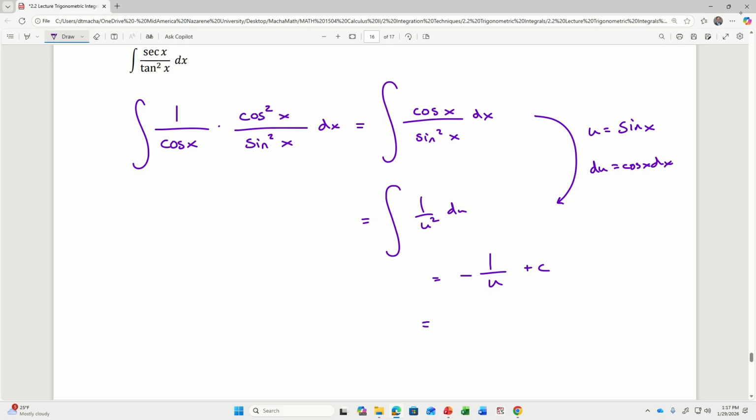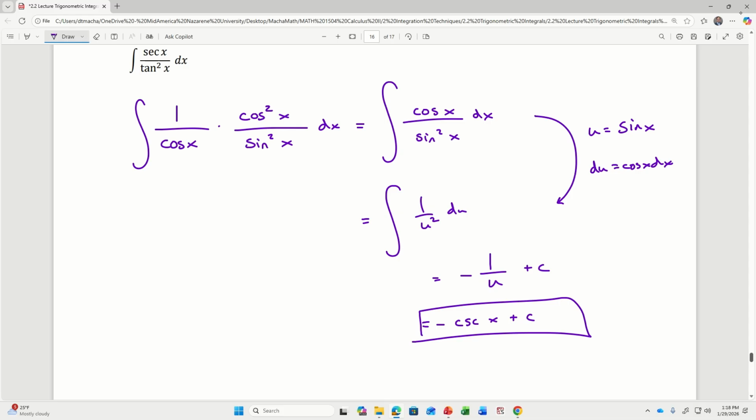Now u is sine. What's 1 over sine? Cosecant. So that's what I mean if I say, convert from secants and tangents to sines and cosines. That's something you can try.